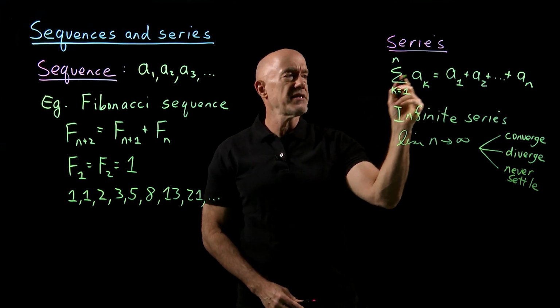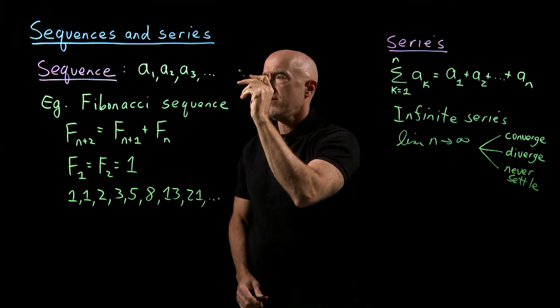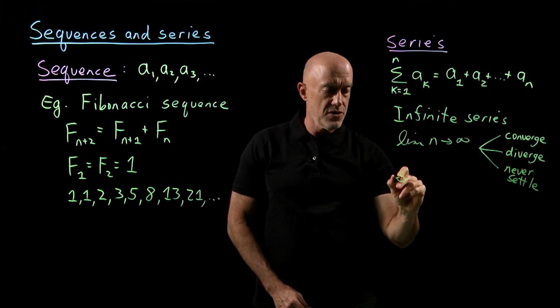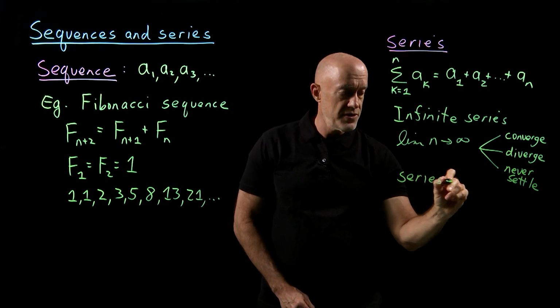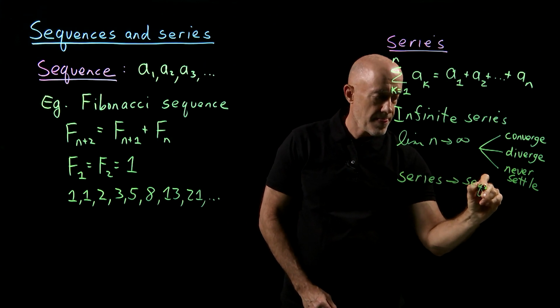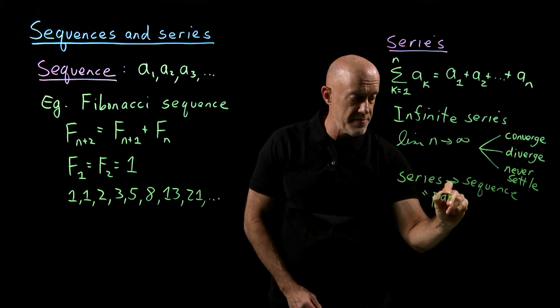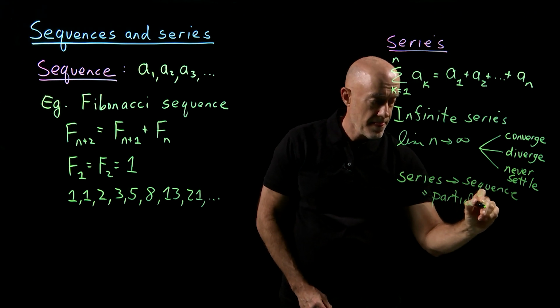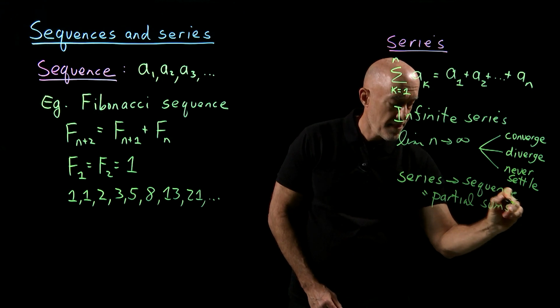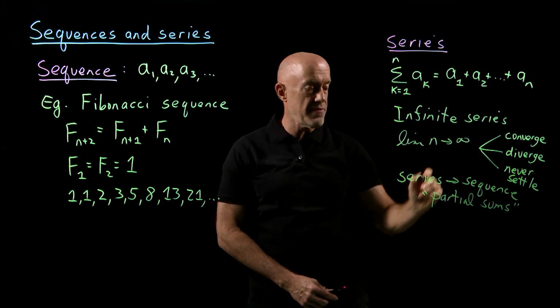Okay, it's actually possible to convert a series to a sequence, by calculating what's called partial sums. So what would be a partial sum here?